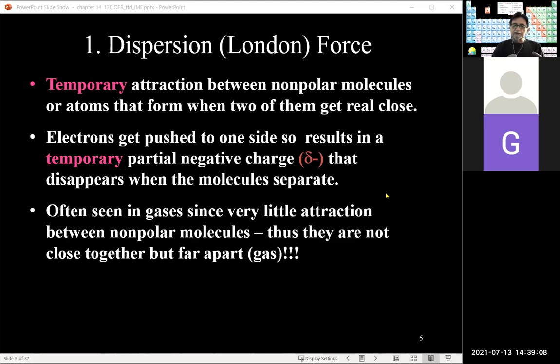Now, the bigger the nonpolar molecule is, when we compare nonpolar molecules with each other, all of them have London dispersion forces, but some, because of their size, have stronger London dispersion forces because there's more of it.